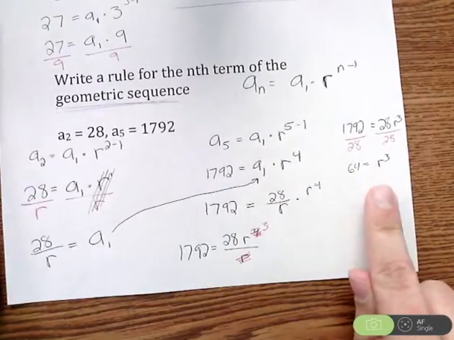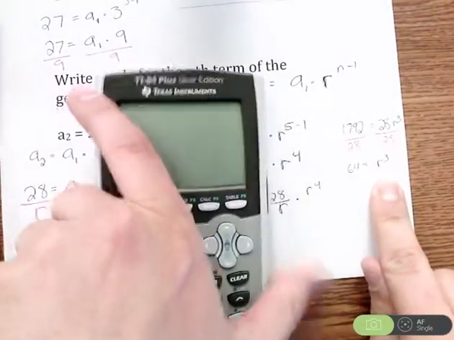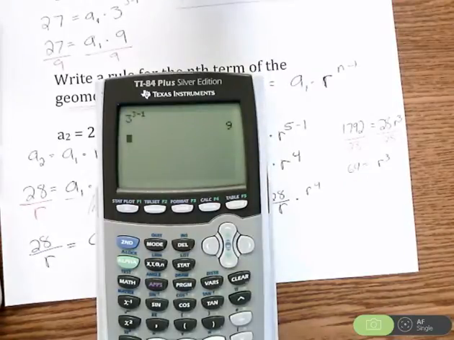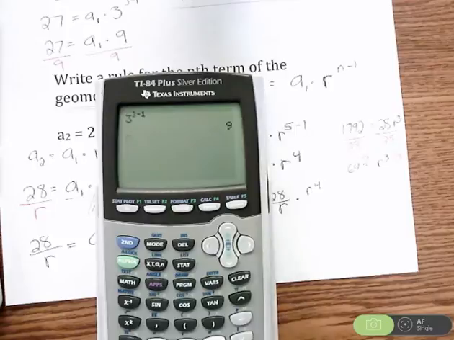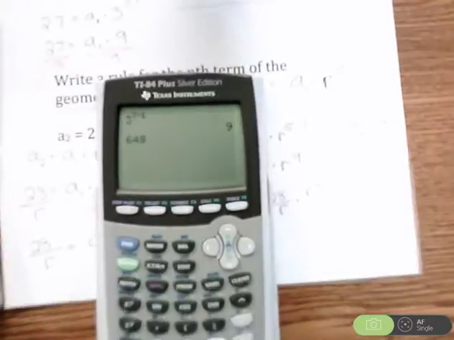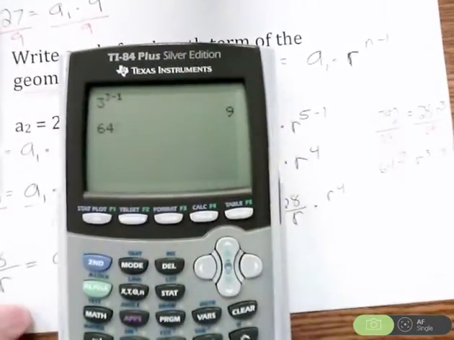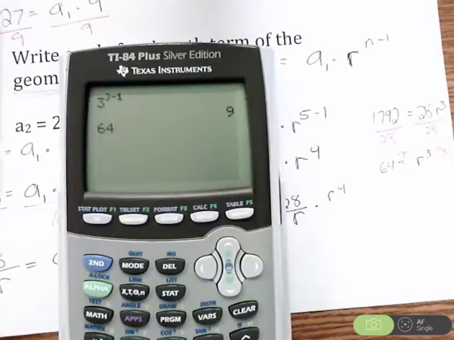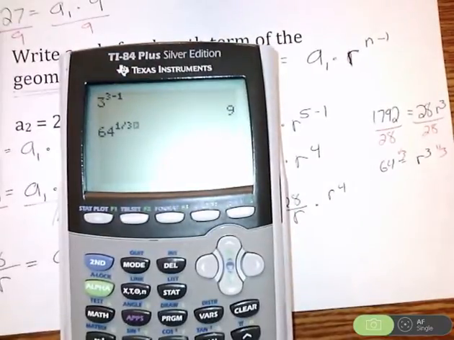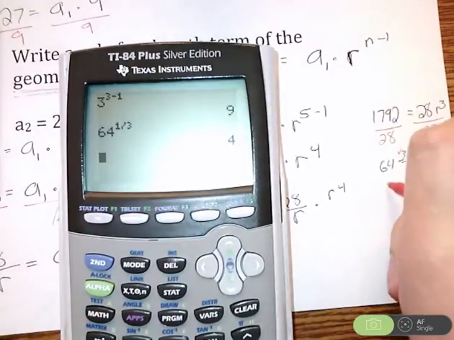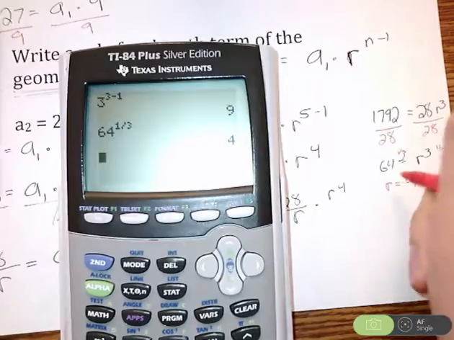You can actually solve that for R. If you want to get rid of the third power, what you're going to do is take both sides to the 1/3 power. So 64, it's hard to see there because of the glare, 64 to the 1/3 power. And we get R is 4.